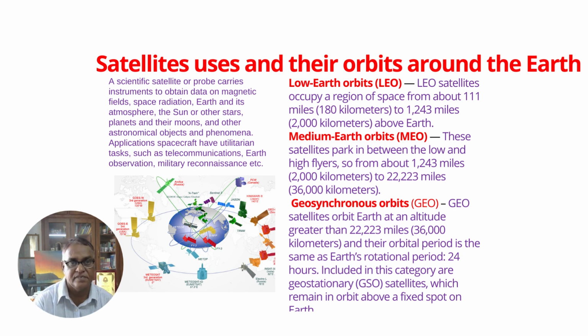Low earth orbit is a height above the earth of about 180 kilometers, and medium earth orbits range from 2000 kilometers to 36,000 kilometers height over the earth, whereas the geosynchronous orbits are known to be higher than 36,000 kilometers from the earth. The specialty of the geosynchronous orbits is that the satellite remains in orbit above a fixed spot on the earth.